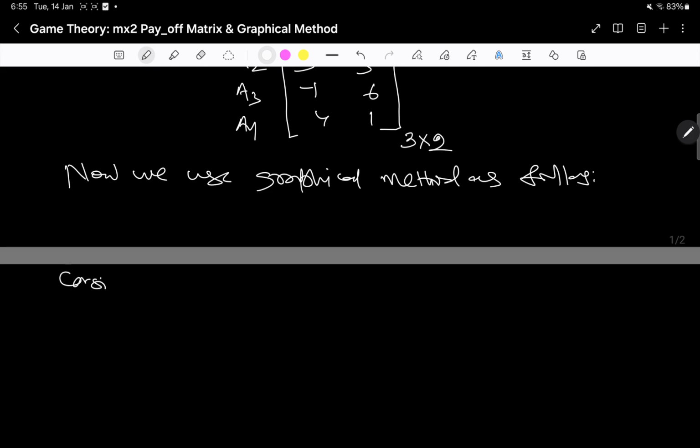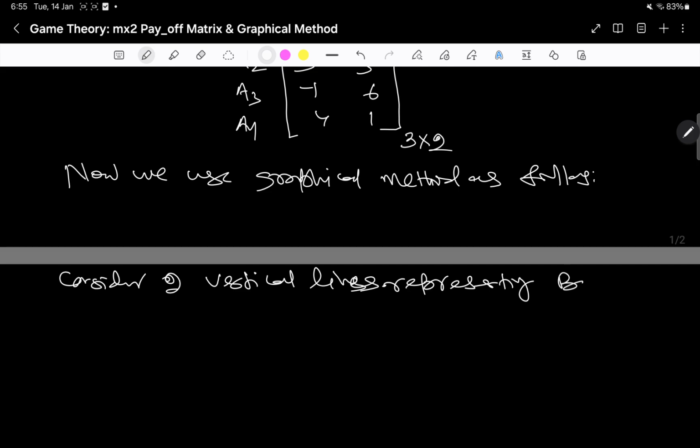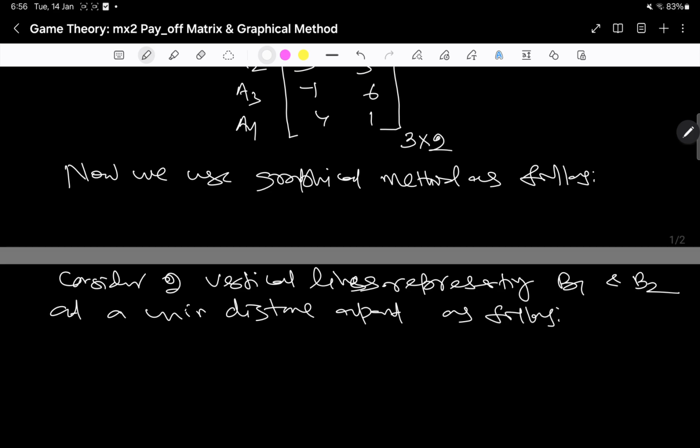Consider two vertical lines representing B1 and B2 at a unit distance apart, as follows. Right, you draw the lines.